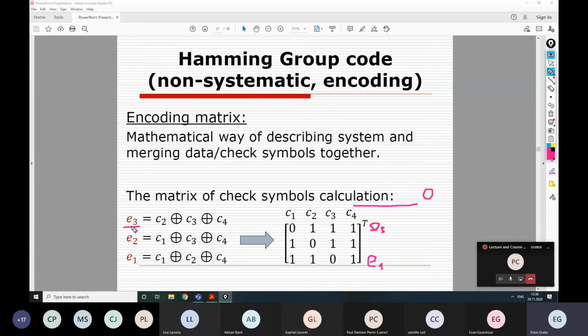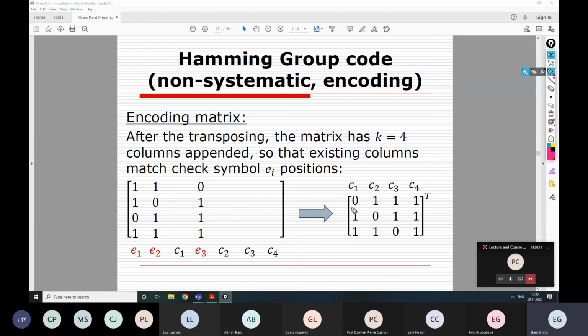So make sure you didn't lose that information, that the first row was actually E3, not E1. So here we have E3 as a column, E2 as a column here, and E1 as a column here.